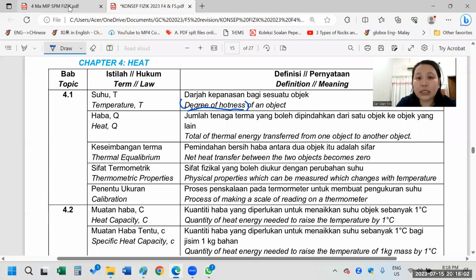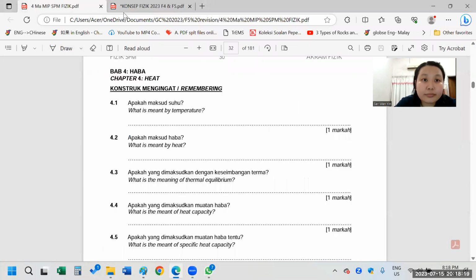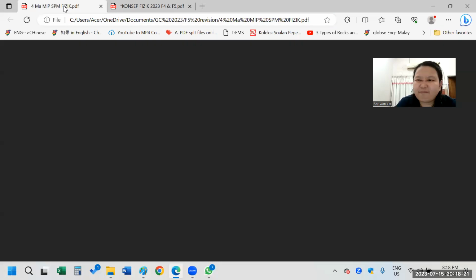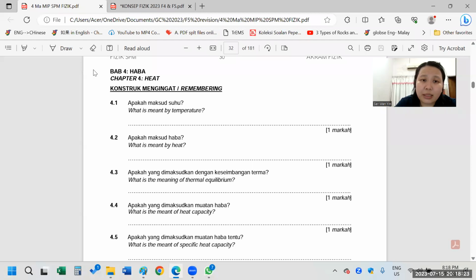It's degree, not the amount of heat. It's like an indicator. 它好像一个指标这样子。 Can we say magnitude of hotness of an object? Not magnitude, because magnitude means something solid, some object.